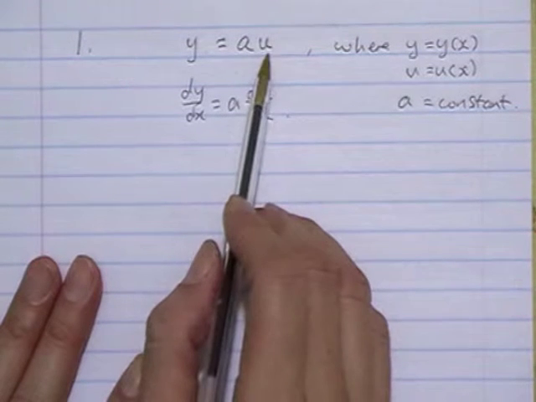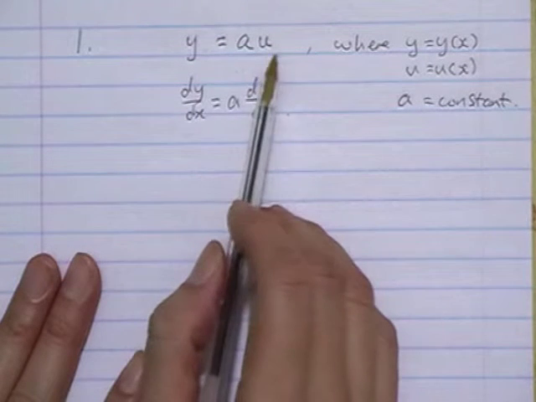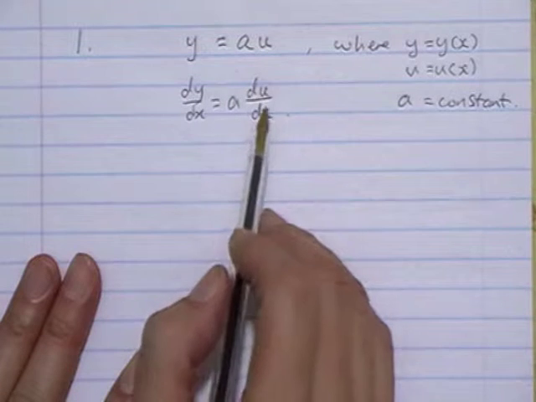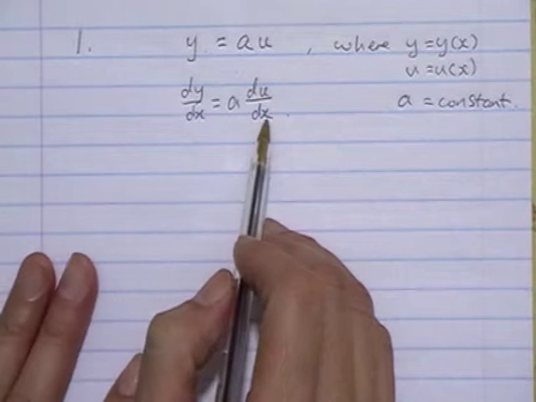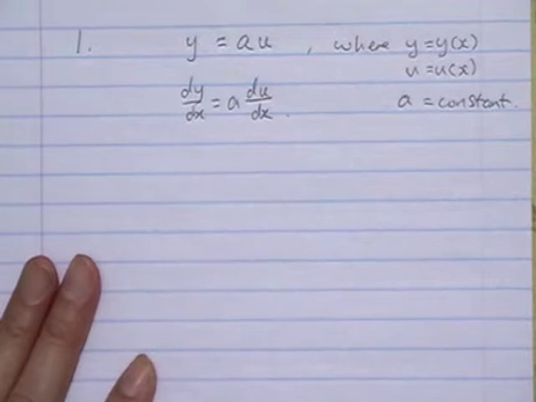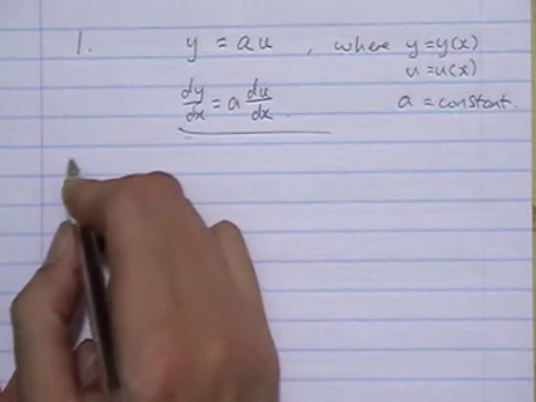How would we differentiate that? Well, what this rule is telling us is that all I need is to differentiate this function first, if I know this, and then multiply by the constant. That's the first one I want to prove.